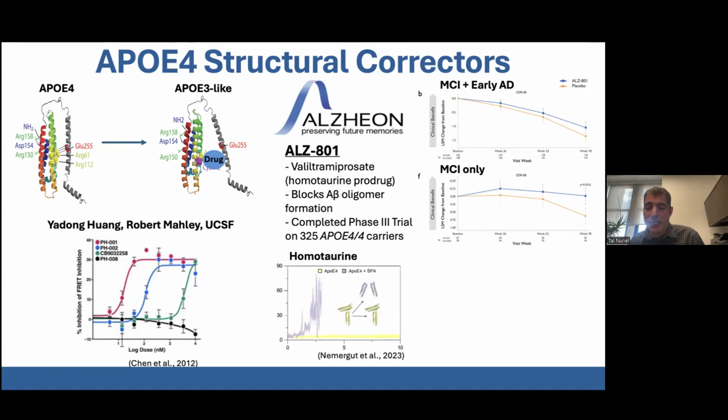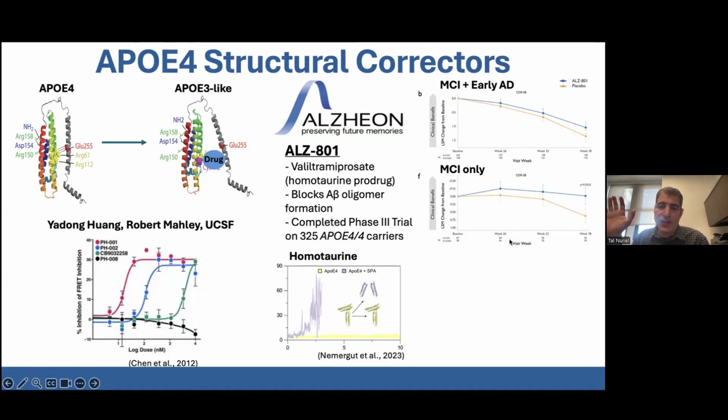But fascinatingly, really, another group, I think unrelated to them, published during this time the observation that homotaurine can act as an APOE4 structural corrector. So it's possible that some of the positive effect they saw was because of this drug acting as an APOE4 structural corrector.